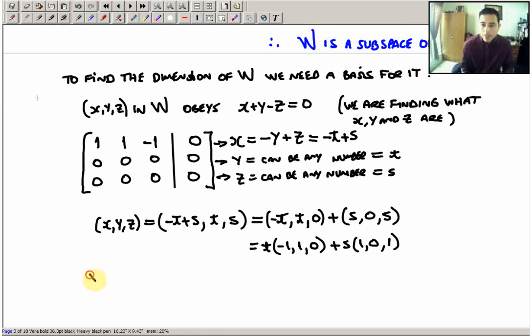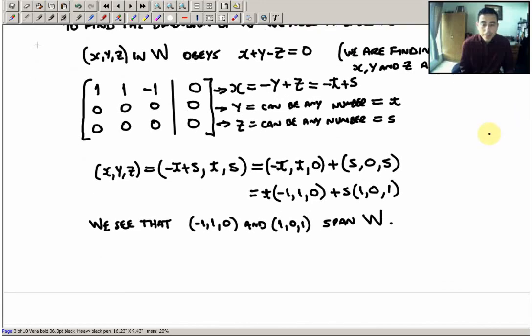So we see here that these two vectors span W. To find the basis, all we need to know is if these two are linearly independent. And they are. You check. I'll let you do this. Check that they are linearly independent.